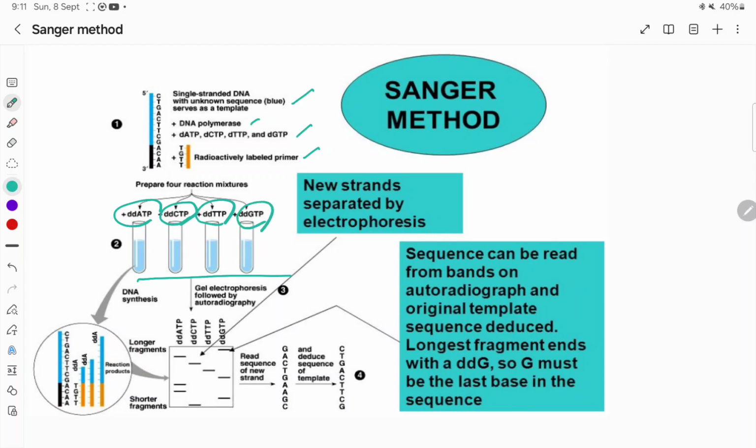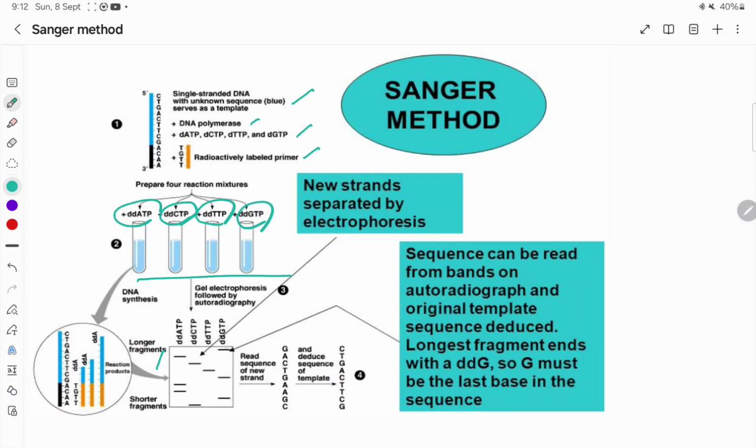Then we allow the DNA extension as well as termination, and after that all those 4 mixtures are put in separate columns in the gel electrophoresis. Based on size, the longer fragments remain at the bottom, whereas the shorter fragments move forward. Then from this we read the sequence in the new strand.